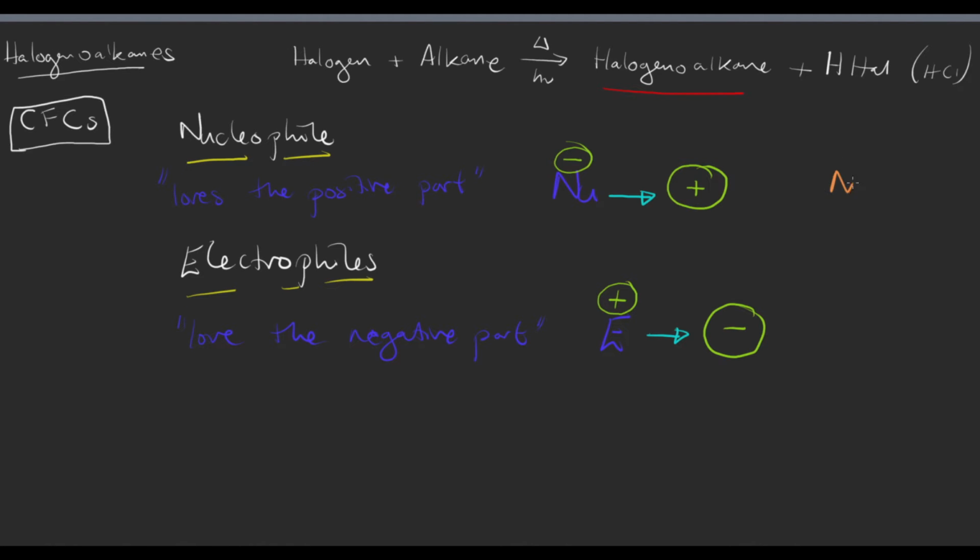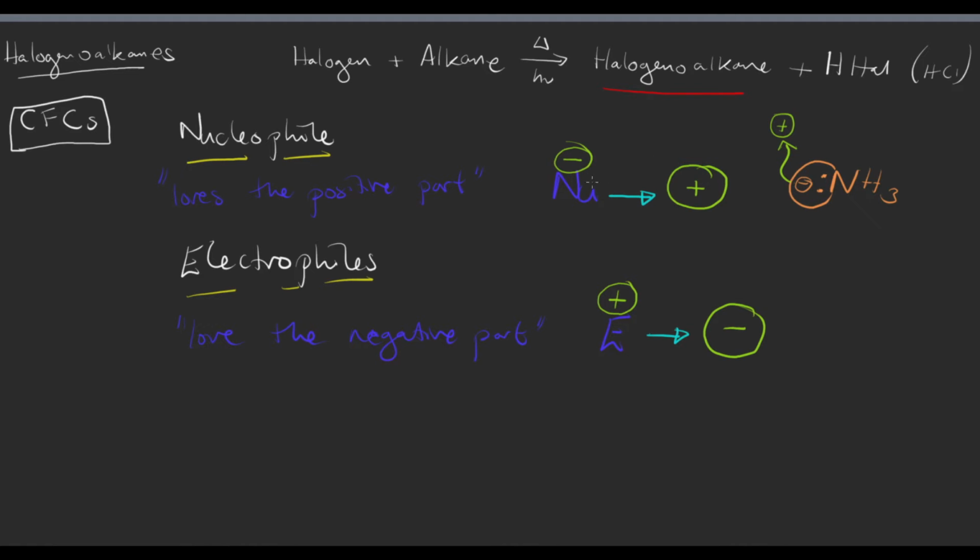So for example, we're going to talk about NH3, which is ammonia. That's got no charge on it, it's neutral. But what it does have is a lone pair of electrons. Electrons are negative, so this lone pair of electrons acts as an electron source for it to be a nucleophile. So these can then go and do nucleophile things by heading for positive centers.